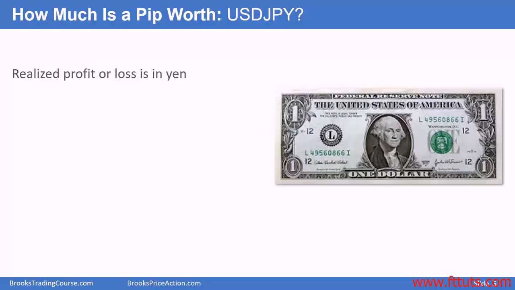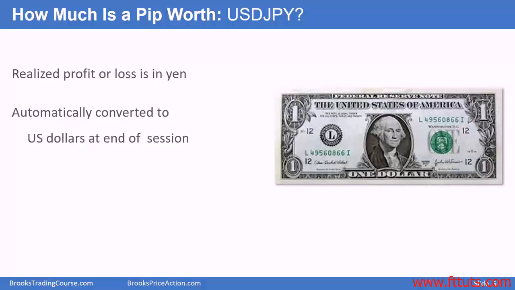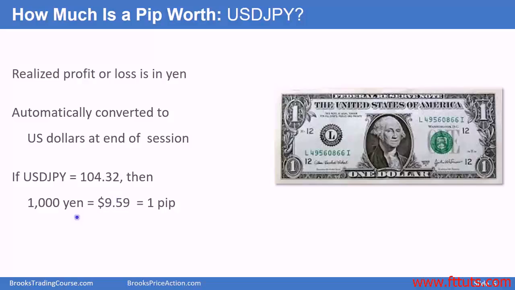And whatever profit or loss you make, it's in yen. And if you have an American broker, at the end of the session, it's converted into dollars. If the dollar yen cross rate is 104.32 at the end of the session, 1,000 yen is $9.59, and one pip in that particular case is $9.59.